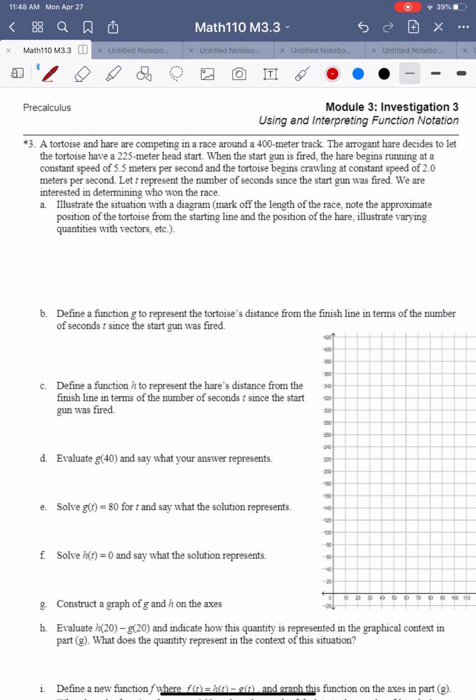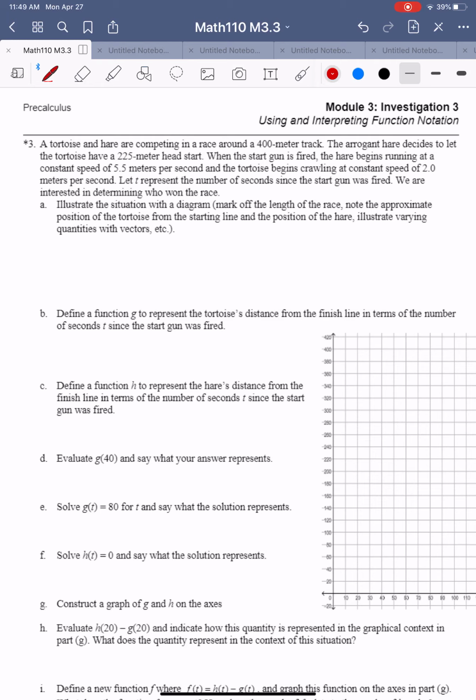When the start gun is fired, the hare begins running at a constant speed of 5.5 meters per second, and Taurus begins crawling at a constant speed of 2.0 meters per second. Let t represent the number of seconds since the start gun was fired. We are interested in determining who won the race. The other case was that Taurus was the winner, because it takes the last seconds.